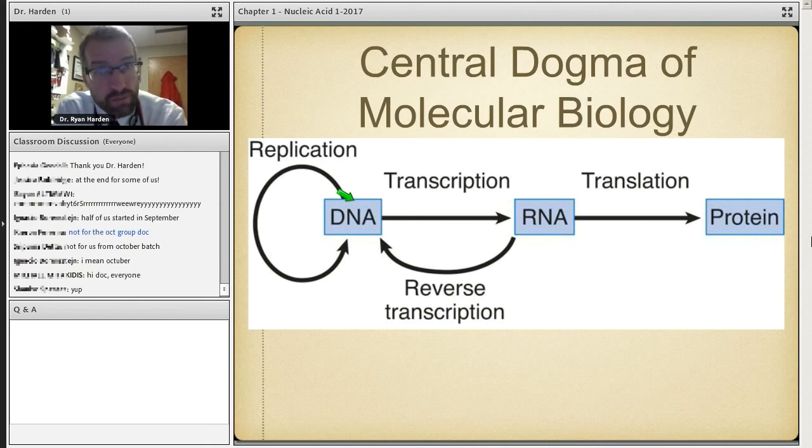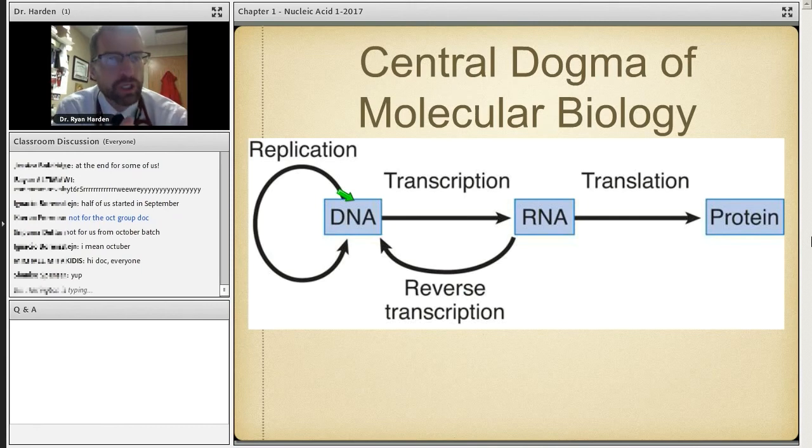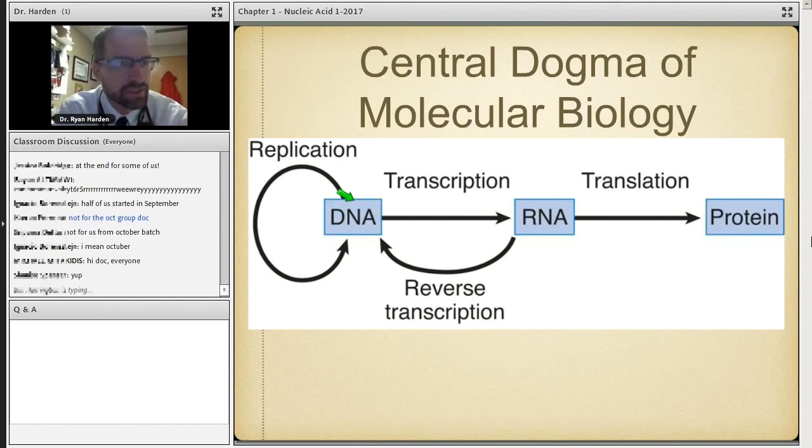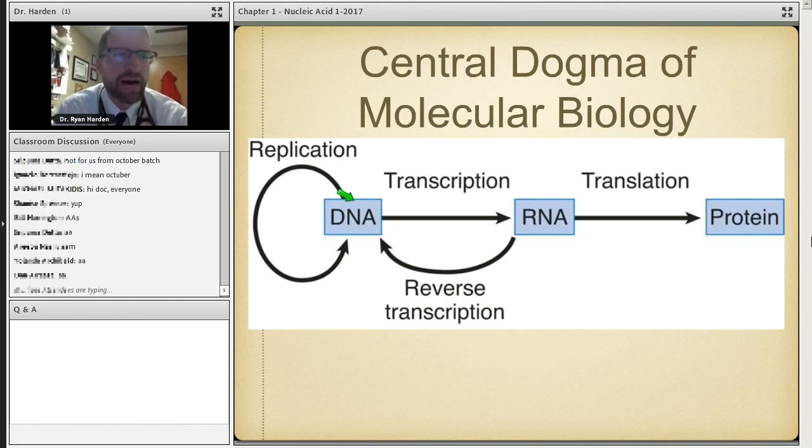Now I'm going to tell you how I remember that. When you go from DNA to RNA, that's all nucleic acid. Okay, and that process is called transcription. When you go from RNA to protein, RNA is made of nucleic acids, but what are proteins made of? Answer that question in the classroom discussion. What are proteins made of? Amino acids.